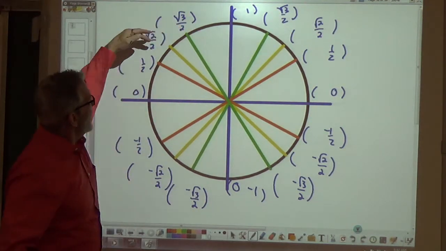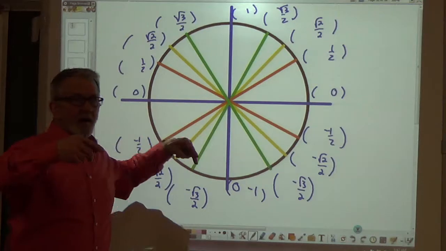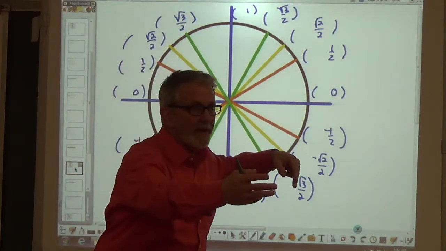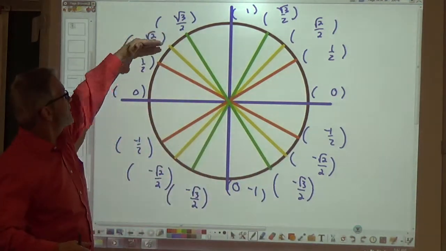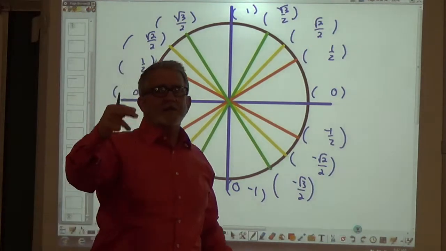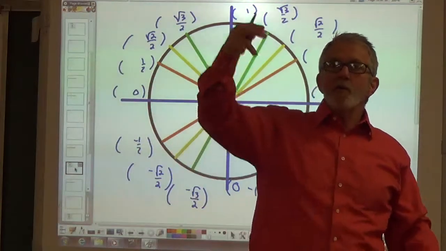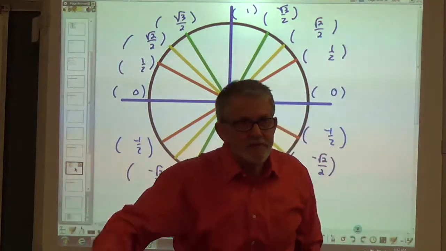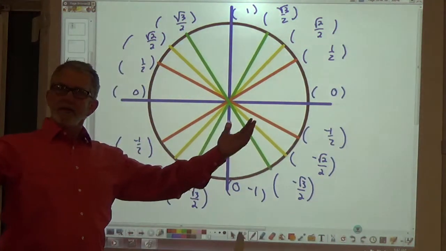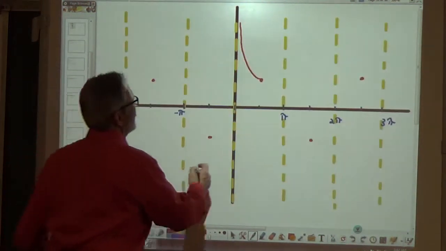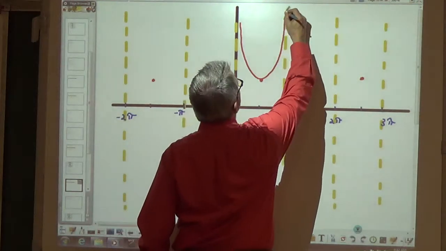What's happening to the y values? They are, Billy, you're right, the y values are decreasing. If the y values are decreasing, 1 over decreasing values is increasing. So back to my graph here.